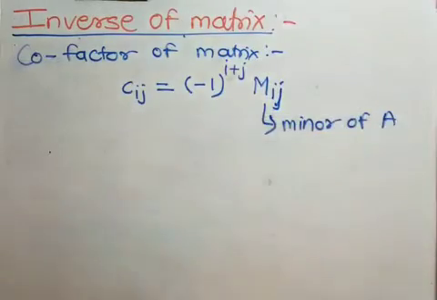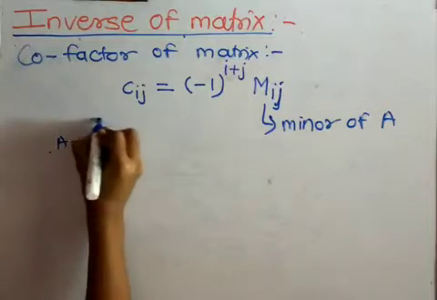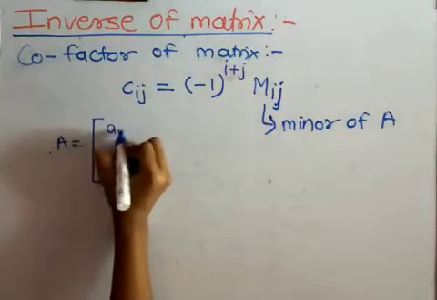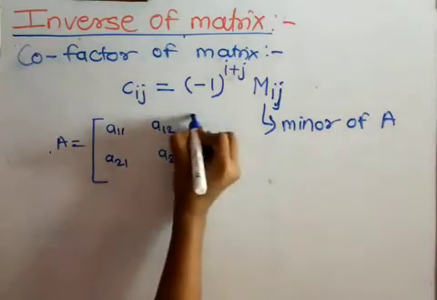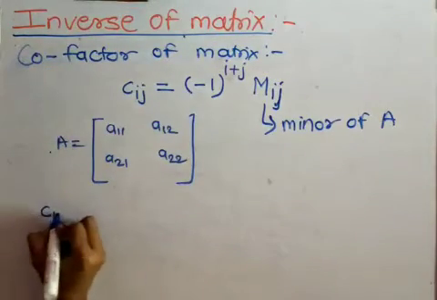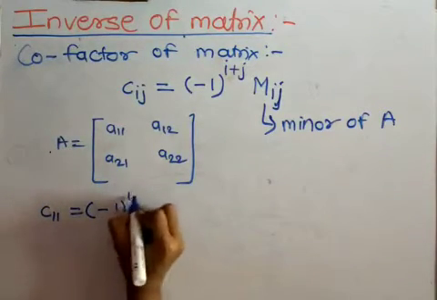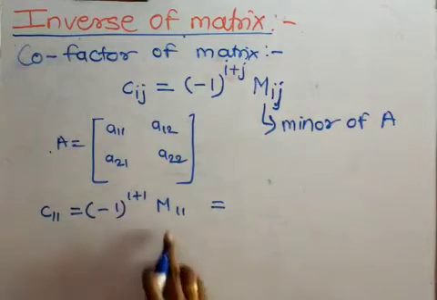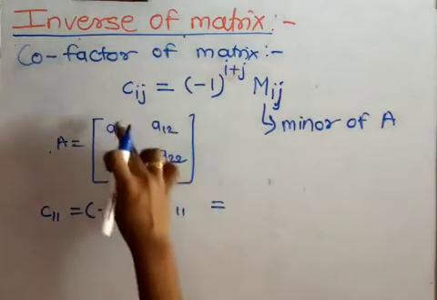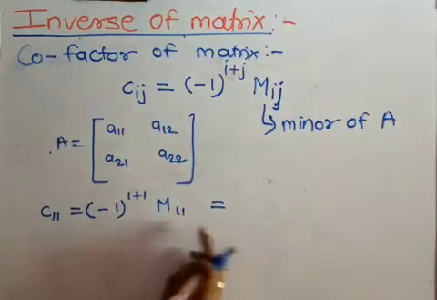Okay. Suppose we have a 2 by 2 matrix. Okay. So first we want to find C11. So the formula becomes minus 1 raised to 1 plus 1 into M11. We know the minor of 1,1: we neglect the first row and first column, so the remaining part is the minor of that entry.